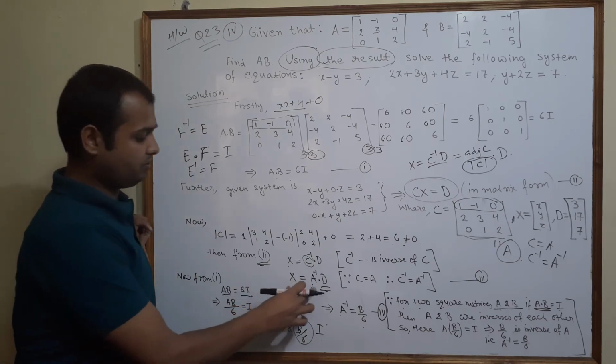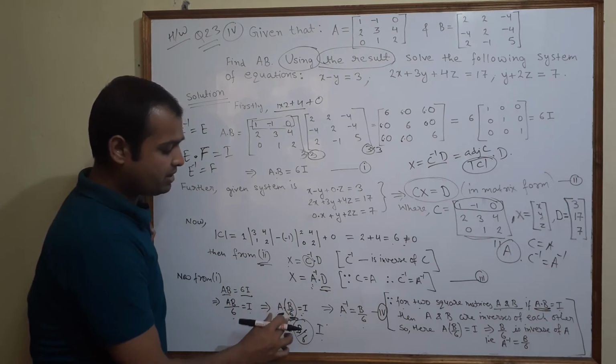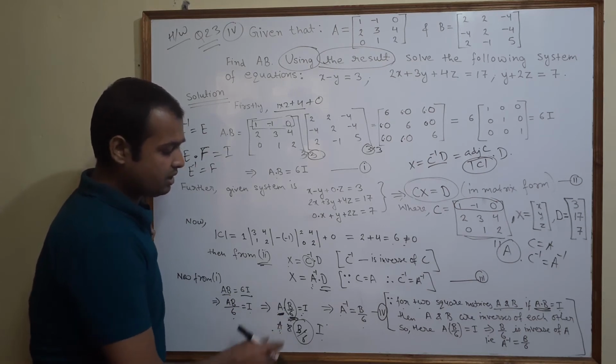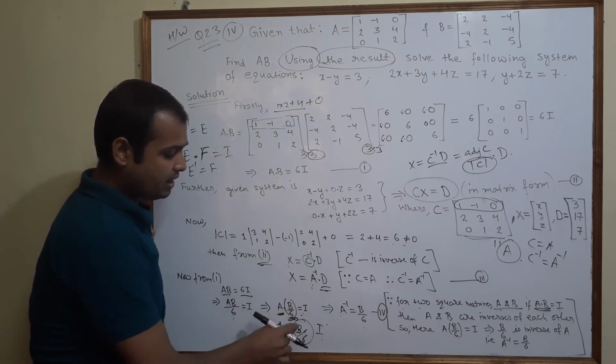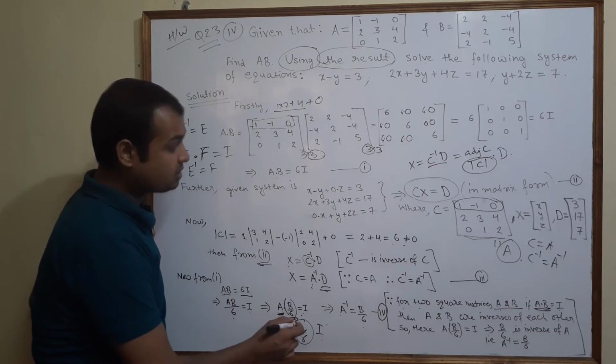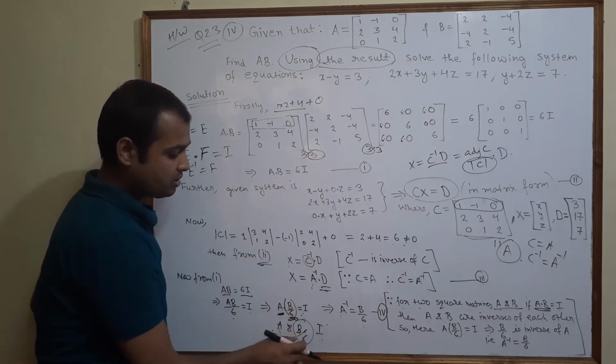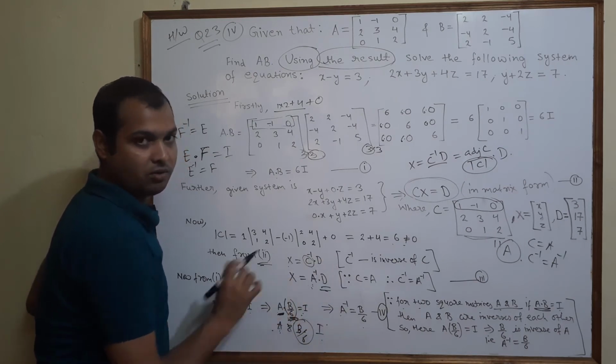So here A into B by 6 is coming I, which means B by 6 is nothing but inverse of A. So in place of A inverse I can write B by 6. This B is this one. When we substitute B by 6 in place of A inverse and solve, we'll get the value of x.